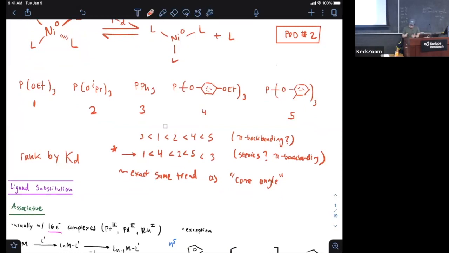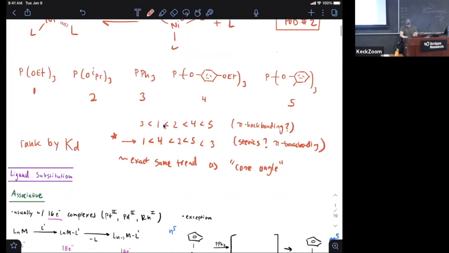And then if we go through the series, we can see the triphenyl phosphine is the bulkiest. Phosphite, remember that all of the steric bulk, you have one atom bridge in the form of this oxygen that's going to push it farther away from the metal center, which will lead to a smaller cone angle here.